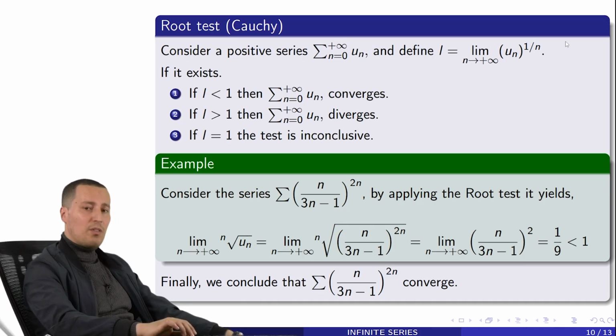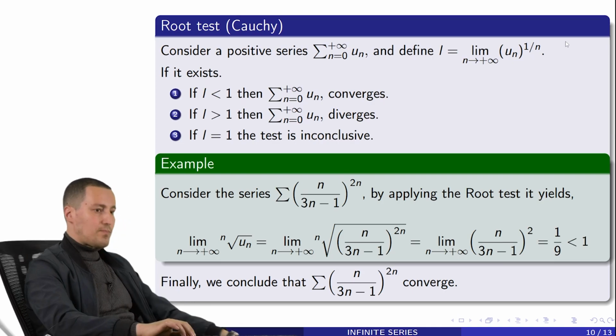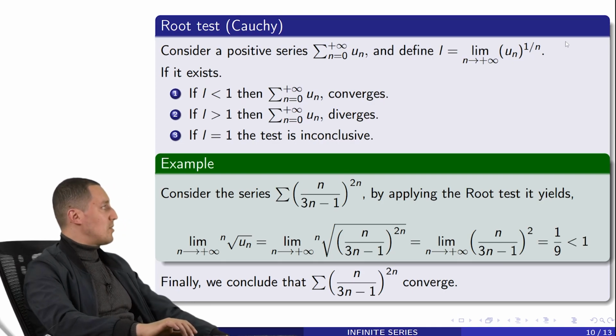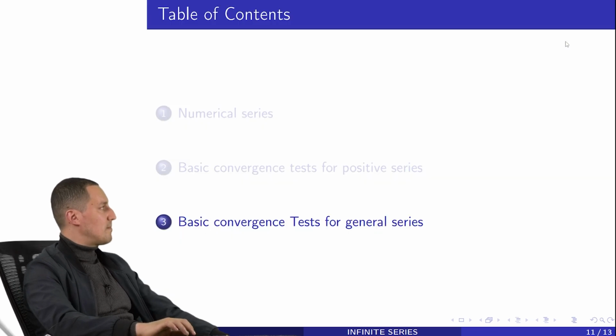The condition of convergence of this kind of series is that the limit is not equal to 1. Here is an example illustrating some kind of series that has the expression. By applying the root test, we obtain the result.